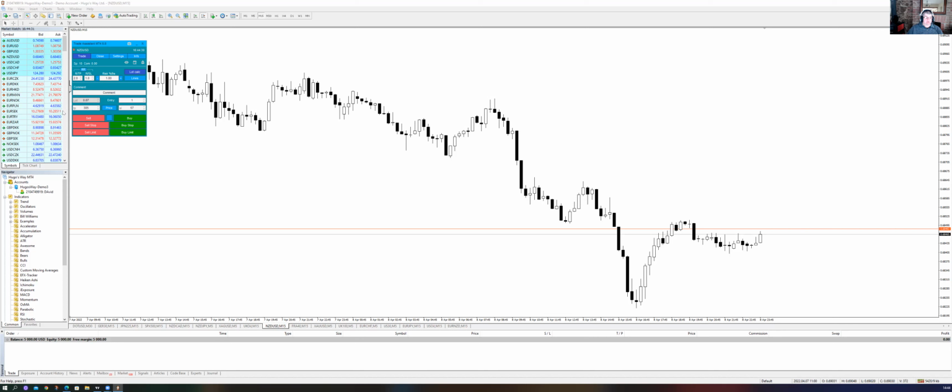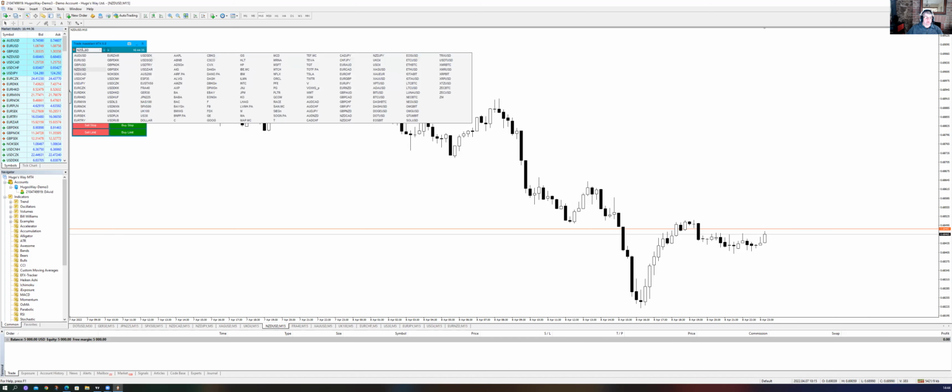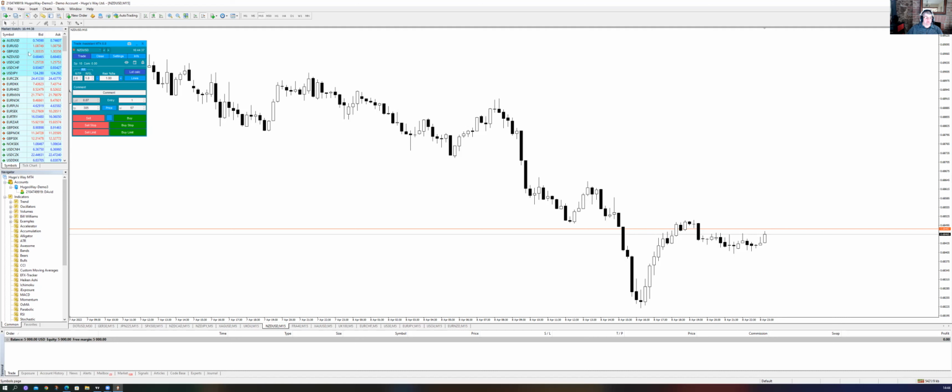So this is it. You can pick your pairs from this list, or obviously you can pick them from this list within MT4. So you can set your TP. I always work on a percentage, I always work on a risk to reward. I don't go for a particular number of pips.